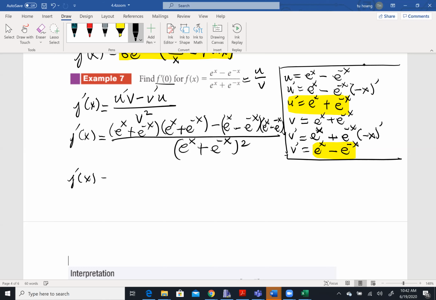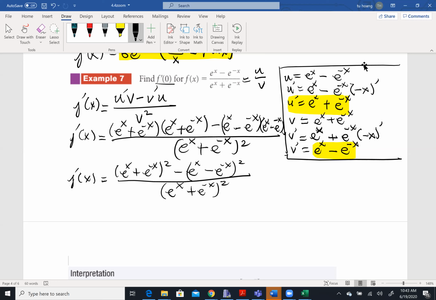Then minus 4 with (e to the x minus e to the negative x) square, and then divided by (e to the x plus e to the negative x) square.